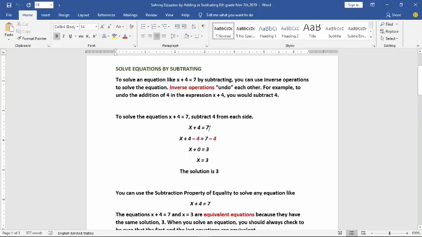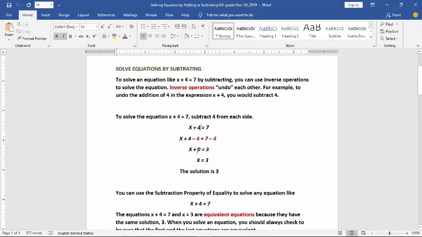We have x plus 4 equals 7. You would subtract 4 here. X plus 4, I keep the first part, and I undo the addition here. I undo, that means I write the inverse of positive 4. It's negative 4, minus 4, and I do the same thing on the other side too. 7 minus 4.